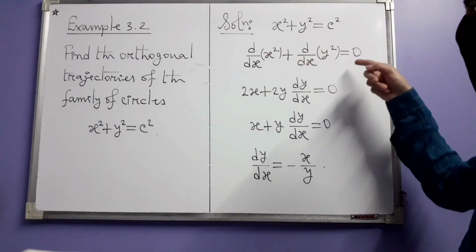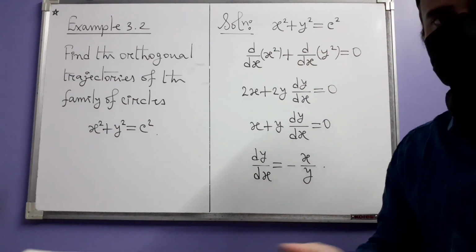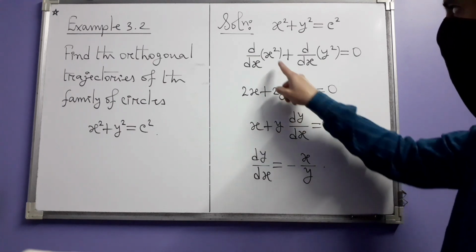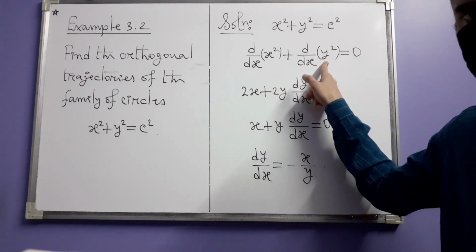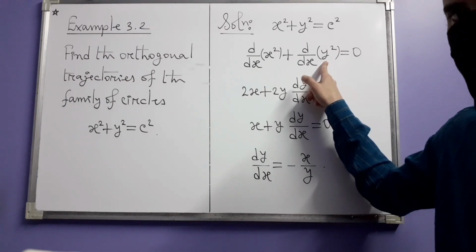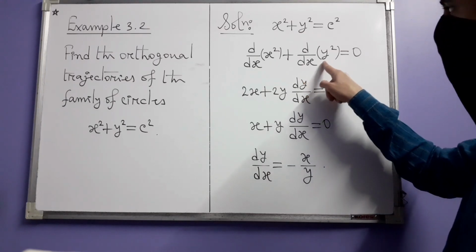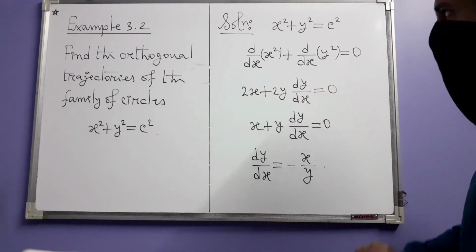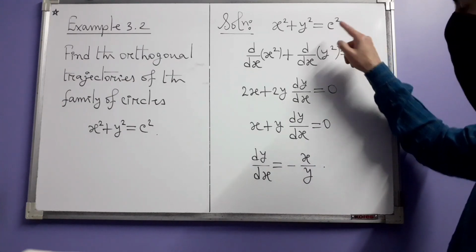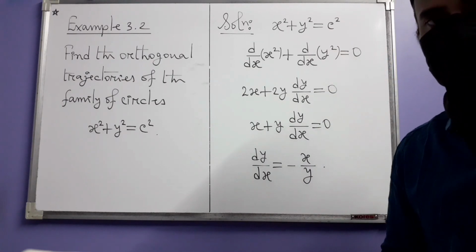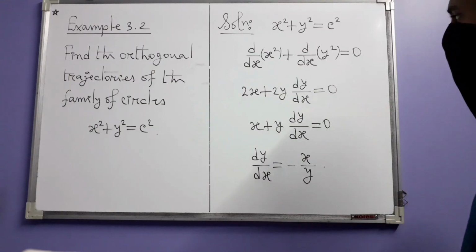So we straight away do implicit differentiation on both sides with respect to x. The first term gives us 2x, and to differentiate the second term you have to apply the chain rule. You already know these things from calculus. It becomes 2y times dy/dx, and the right hand side of course is 0, because although this c is an arbitrary constant, it's constant nevertheless.